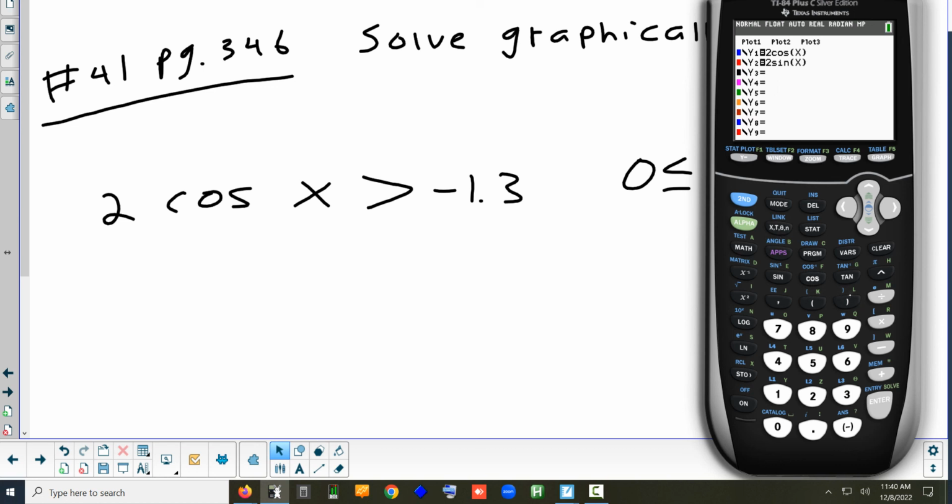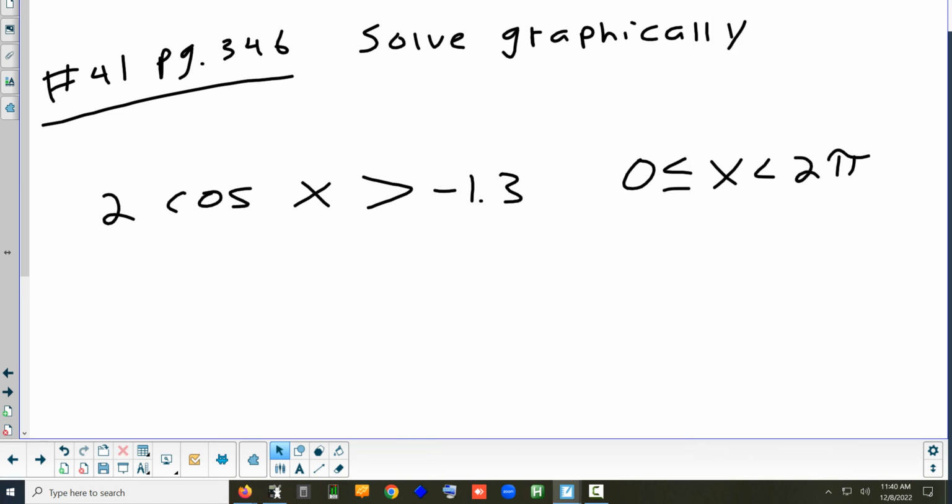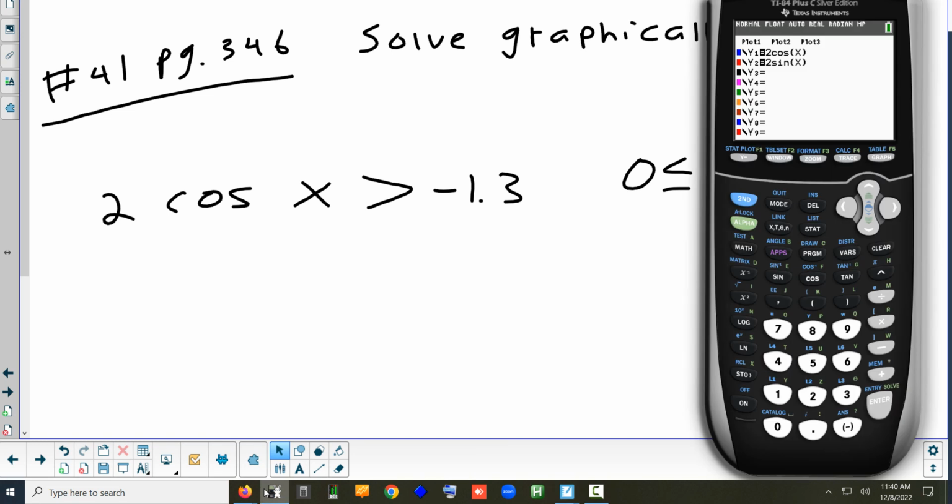Why is it -2 to 2? Because we have a vertical stretch on the left-hand side. Yeah. So normally it would be -1 to 1. And that's going to double it, -2 to 2. And if it didn't double it, we would have a problem because -1.3 is not in the range of cosine. But it is in the range of 2 cosine.